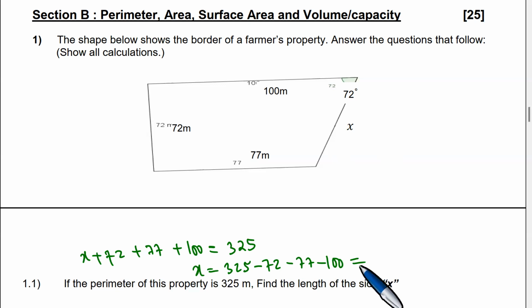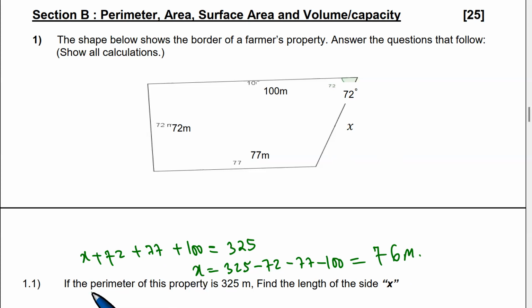So what's the answer? I need to check if we're right. 325 minus 72 minus 77 minus 100, which is 76. Wait, so mustn't it add up to 360?